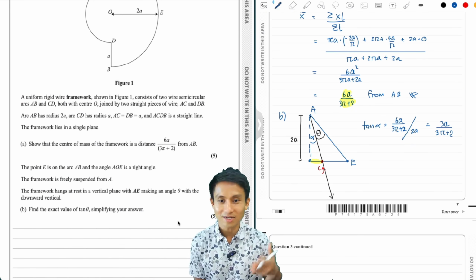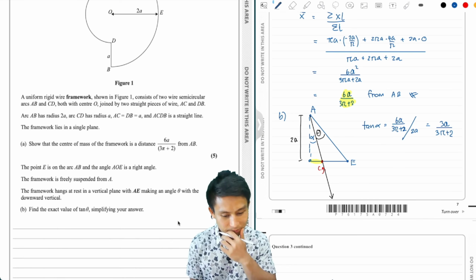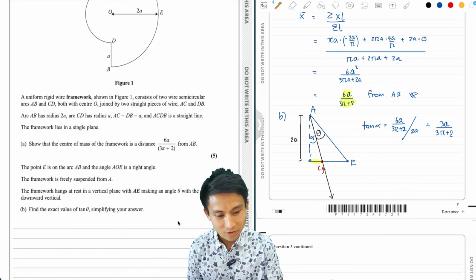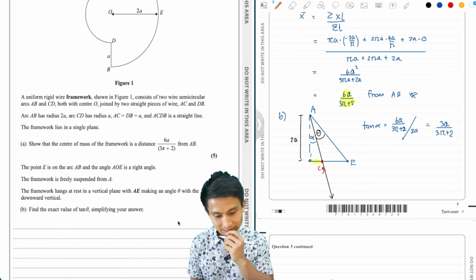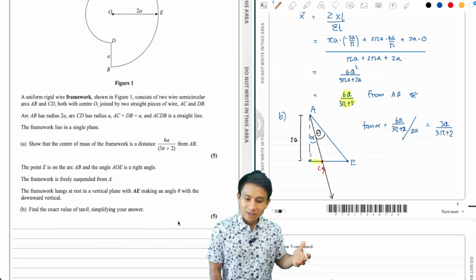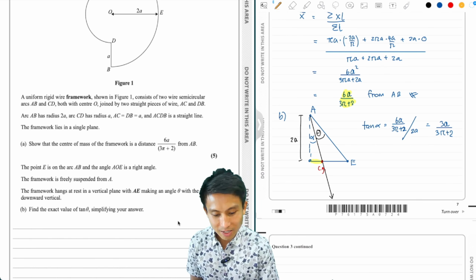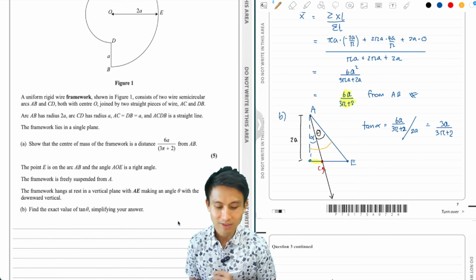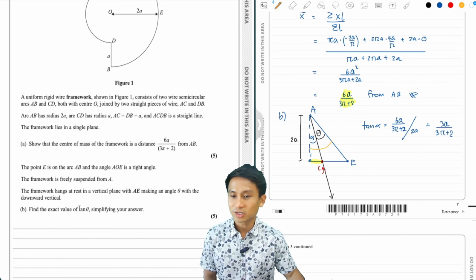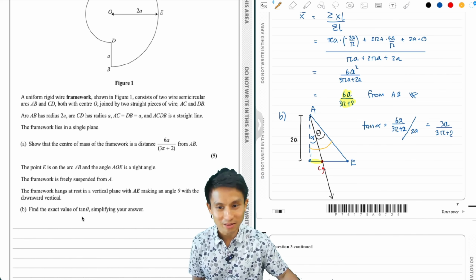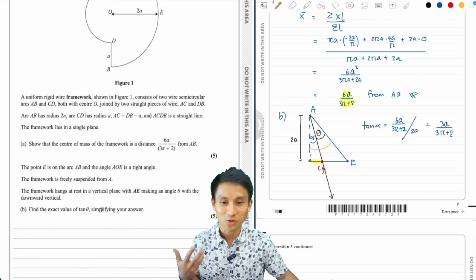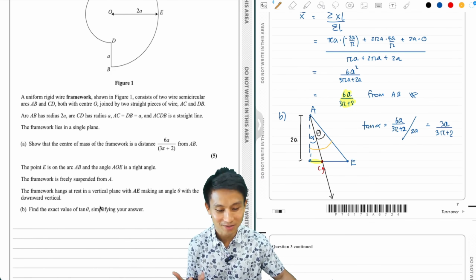Because we need to find theta, not alpha. Now, how do we find theta? So you can find maybe this angle first. Now note that the question asks for the exact value of tan theta. It doesn't actually ask you what theta is. Yeah, I didn't mention that, sorry.